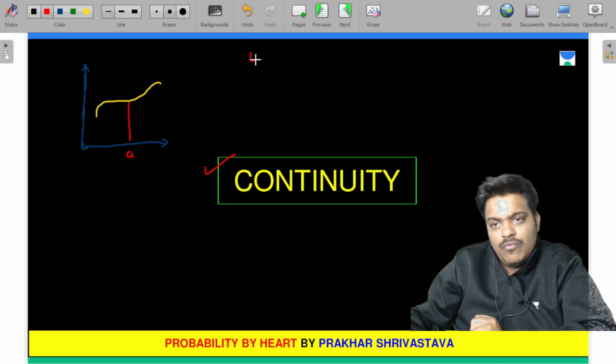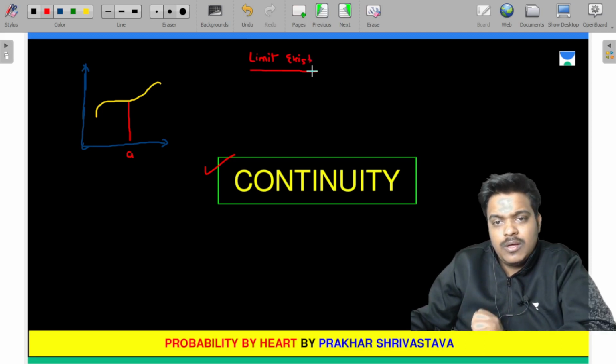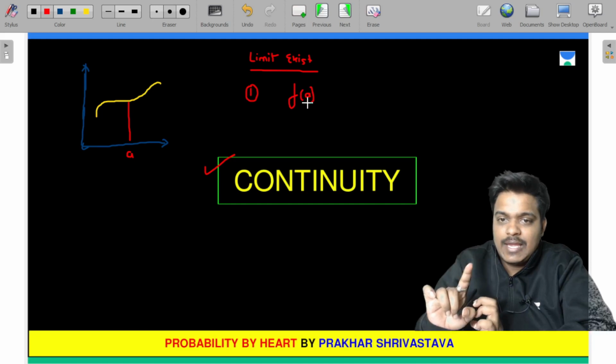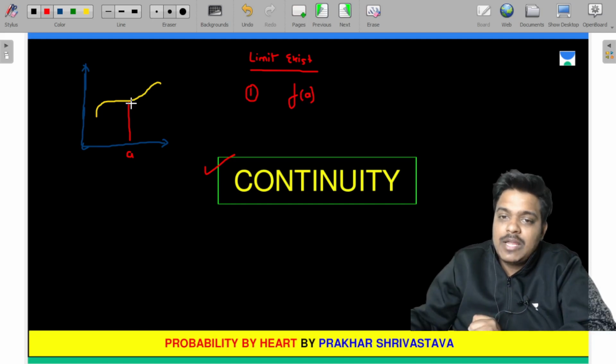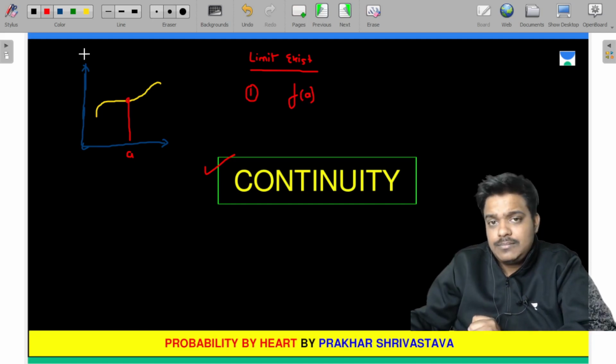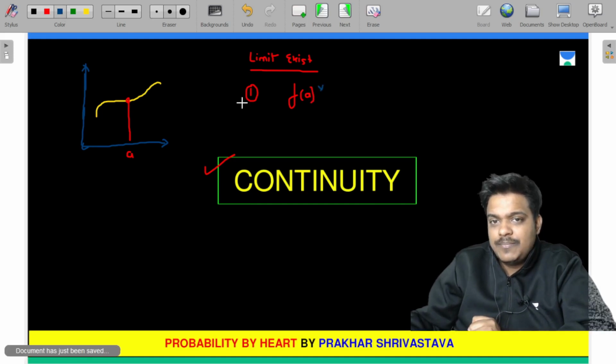Now, whether the limit exists at this point or not, how do we calculate? The first attempt is that we will try to calculate f of A. That is, the function is defined at A and there will be a particular value at A. Now suppose we aren't able to calculate this.